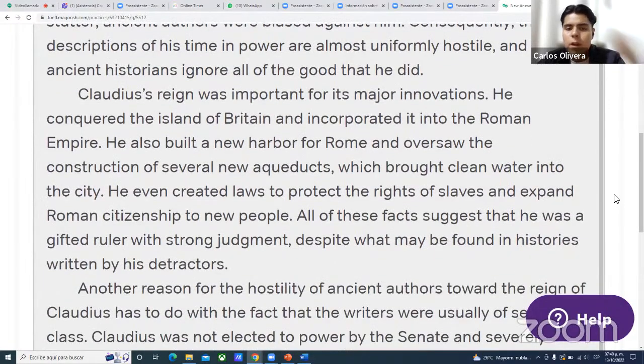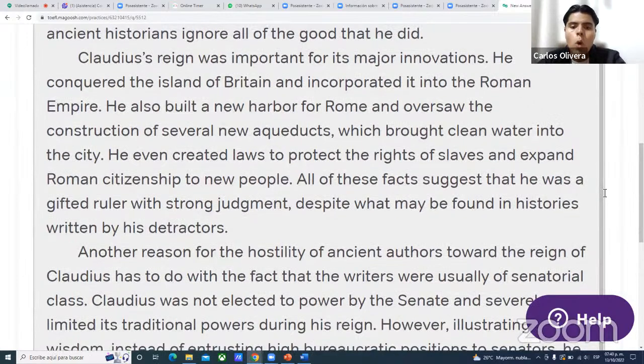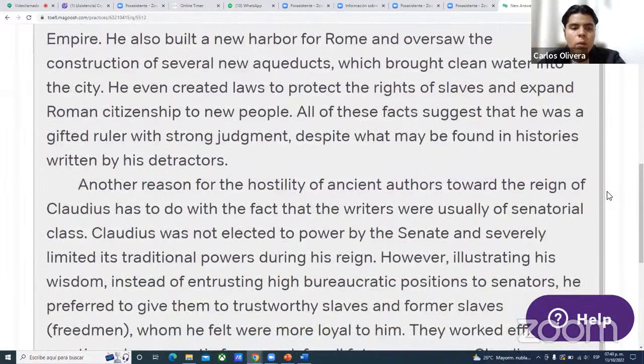Claudius' reign was important for its major innovations. He conquered the islands of Britain and incorporated it into the Roman Empire. He also built a new harbor for Rome and oversaw the construction of several new aqueducts, which brought clean water into the city. He even created laws to protect the rights of the slaves and expand Roman citizenship to new people. All of these facts suggest that he was a gifted ruler with a strong judgment, despite what may be found as histories written by his detractors.